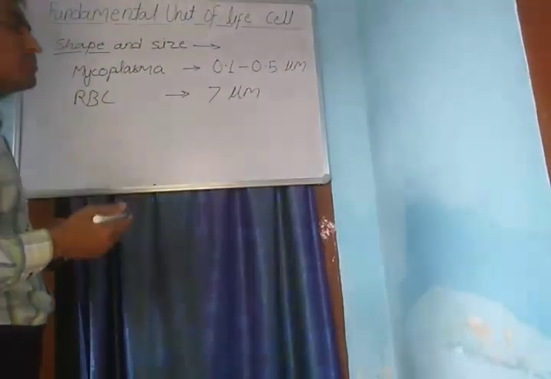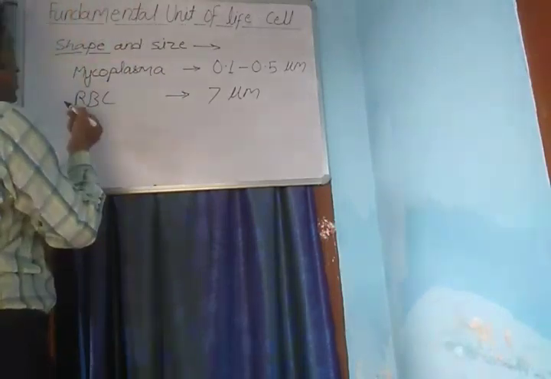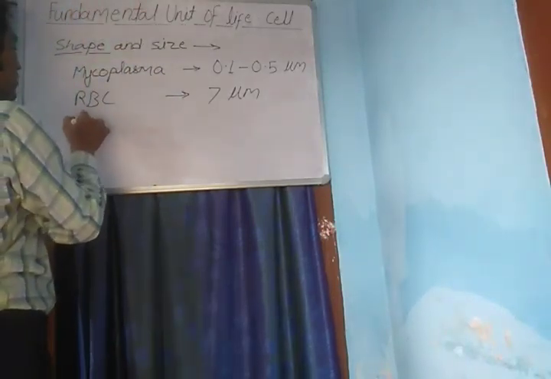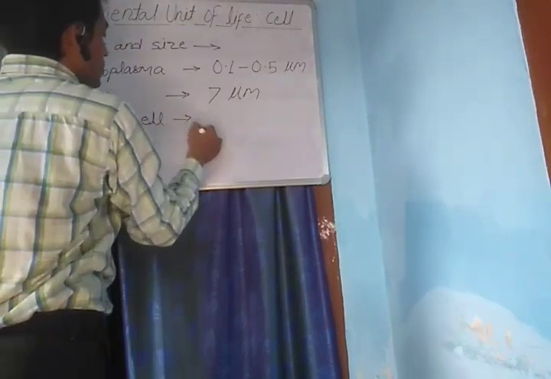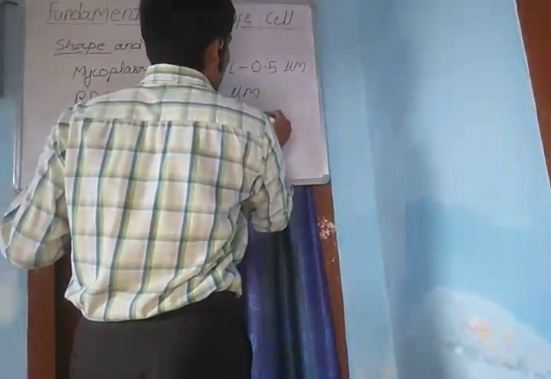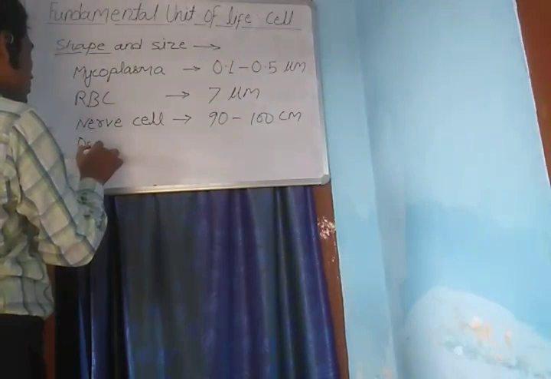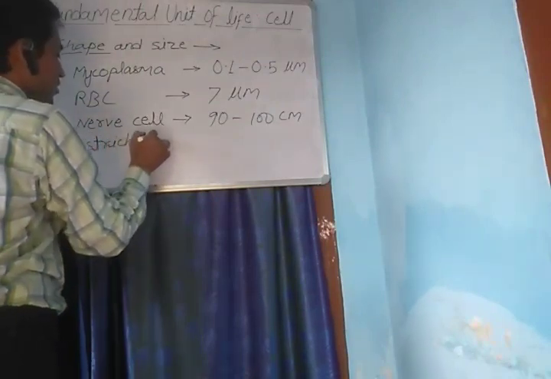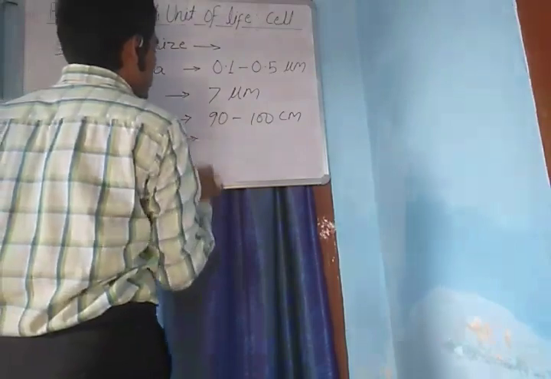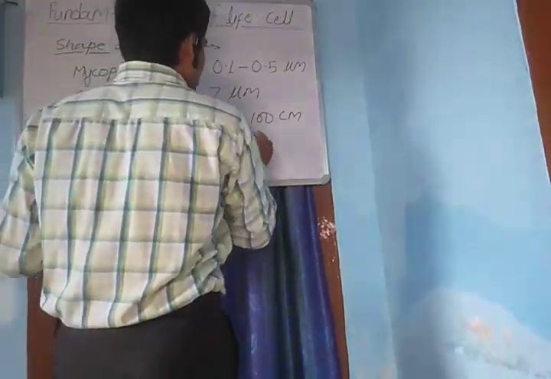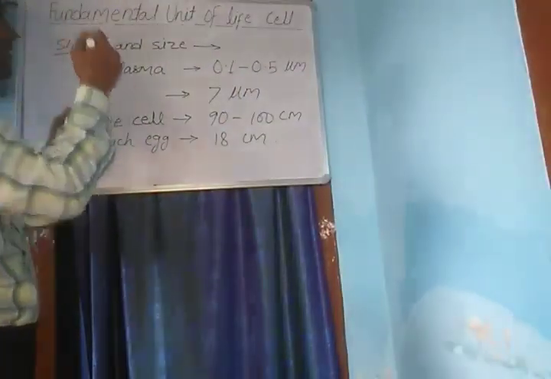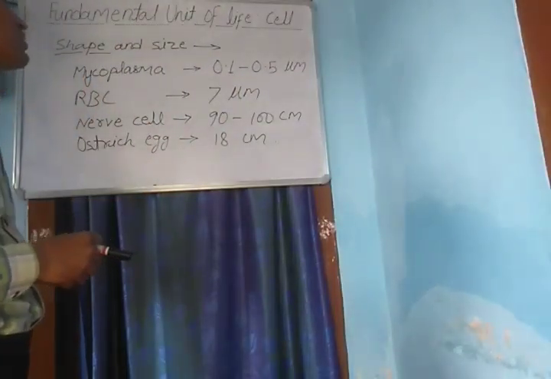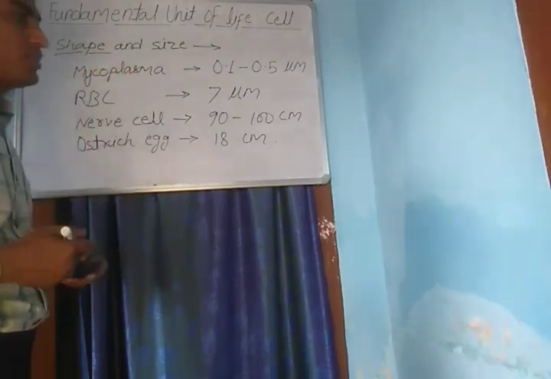But sometimes we see long cells. In the case of a nerve cell, it is around 90 to 100 centimeter. The ostrich egg is around 18 centimeter. So there are different types of cells that have different sizes.